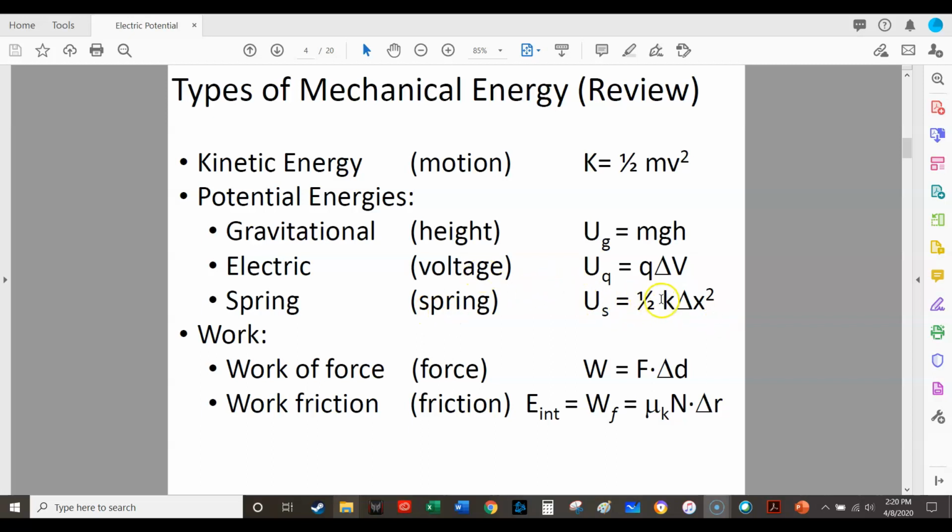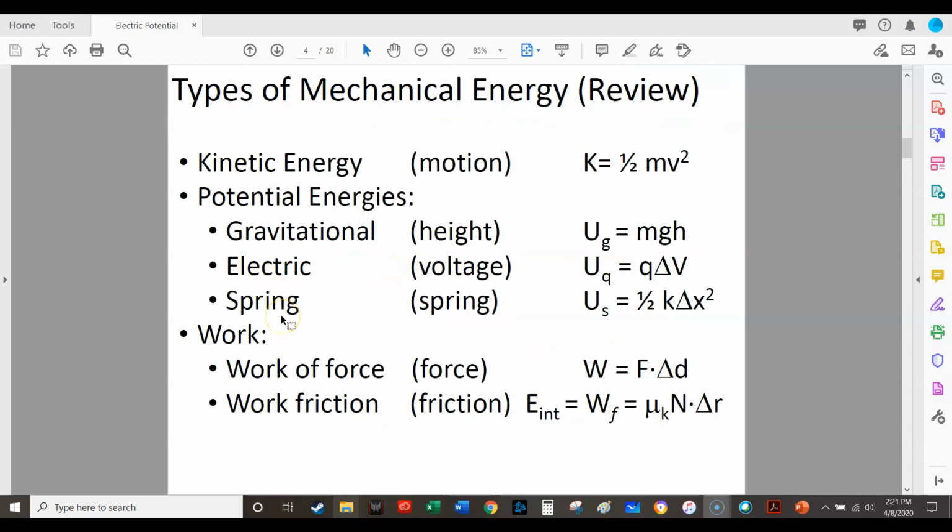That is 1/2 times the spring constant times the deviation from the equilibrium position for the spring squared. So that's 1/2 kx squared. Finally, we also learned in 3.3 that there is an electric potential energy, and that is a charge within a voltage being moved. So that is also another type of stored energy.